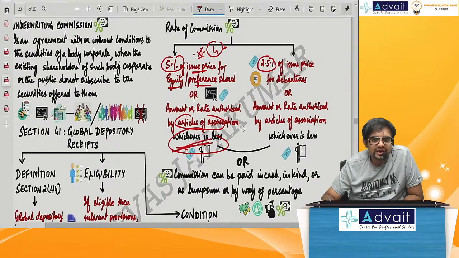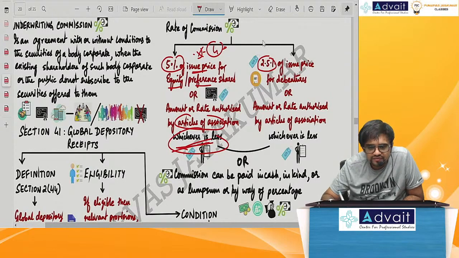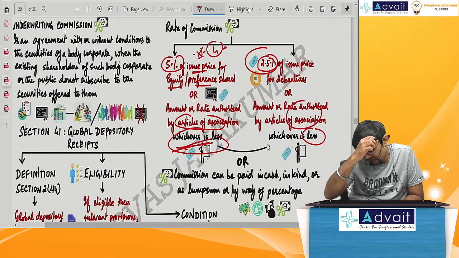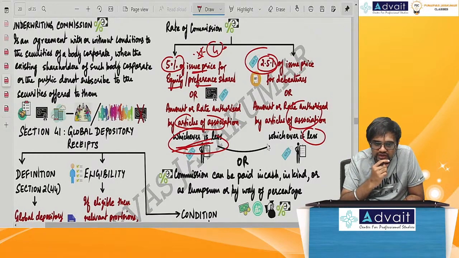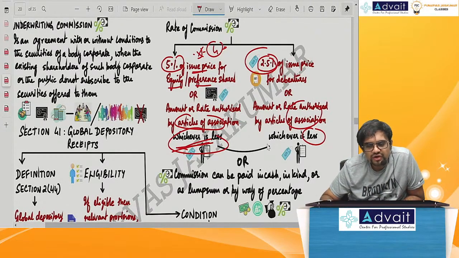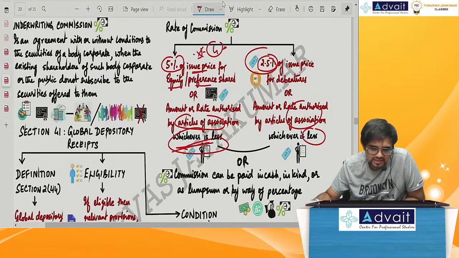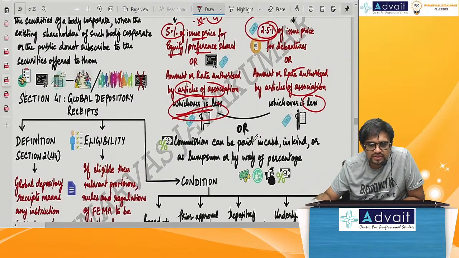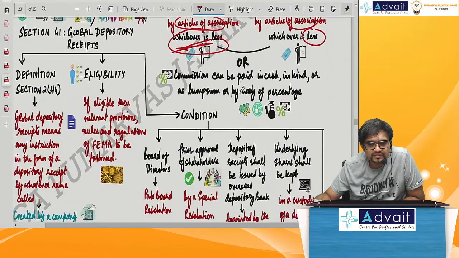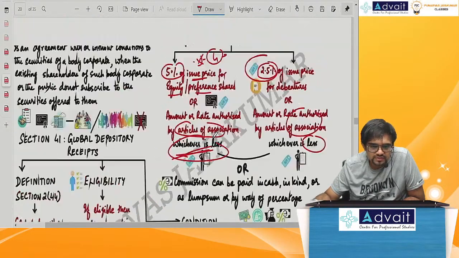And for debentures, it is what? 2.5% or rate authorized, whichever is less. That's the thing. Or the commission should be paid in cash, kind, lump sum and all these things. That is with respect to what?